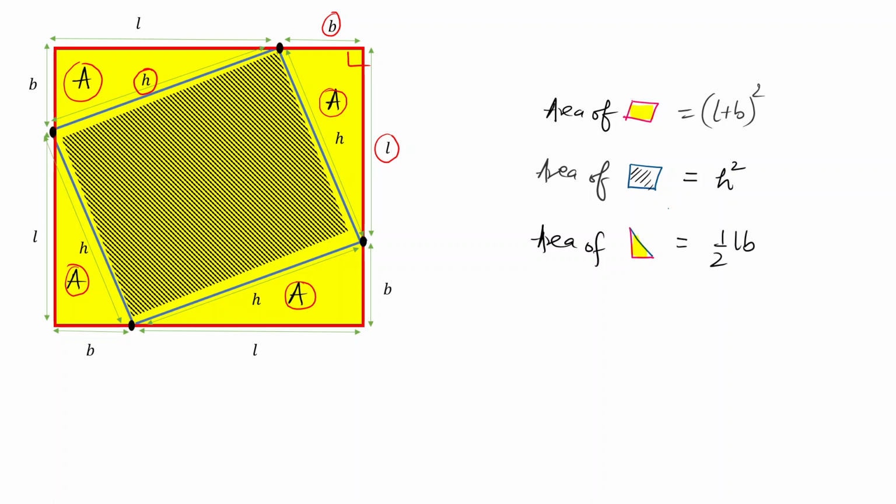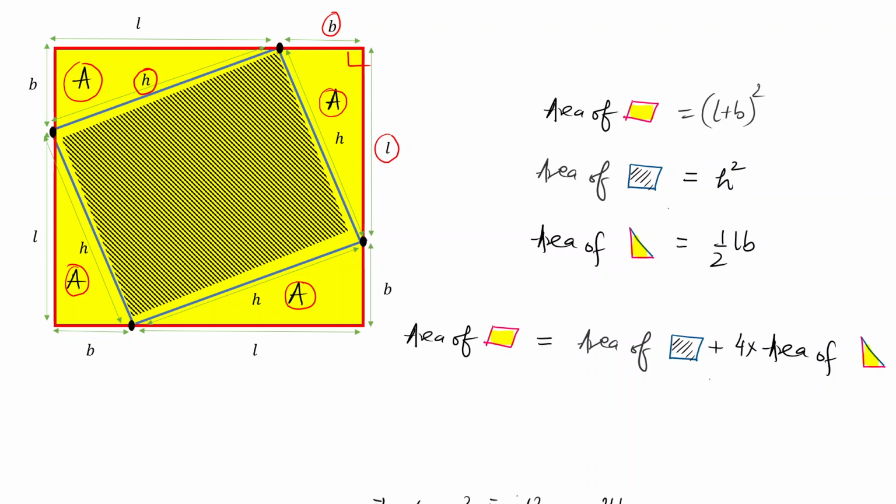So then you can state this logically simple fact that the whole is the sum of the parts. So you have the whole area of the square, which will be the sum of these parts: the blue square inside the blue lines, and these four triangles. So let's equate these areas. For this you get (L plus B) squared, for this area you get h squared, and for four times this area you get 2LB.